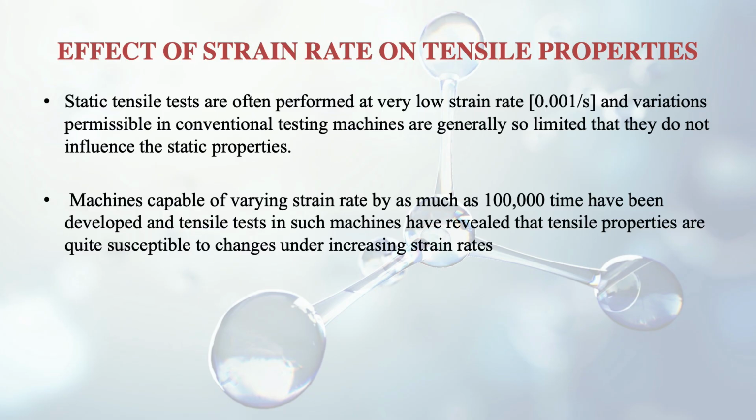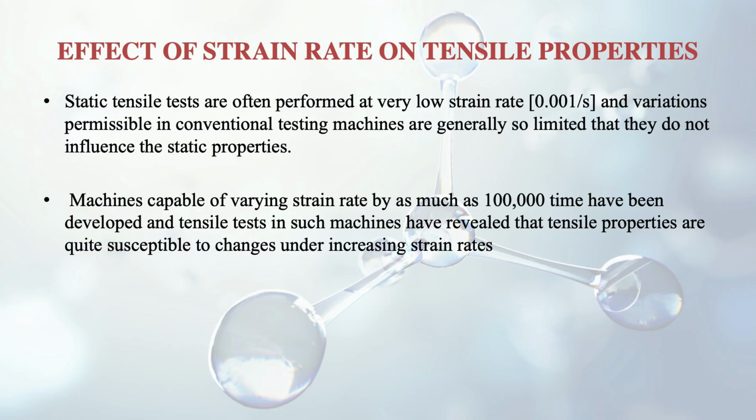Then what will be the benefit of this kind of load actually? It will not be useful, because the simple tension test or the compression test is a static type of test. So we try to keep the things static, and for that purpose what we do, we limit the strain rate. So it is given here, it is about 0.001 per second. Machines capable of varying strain rate by as much as 100,000 times have been developed.